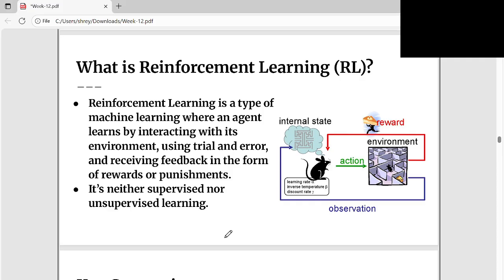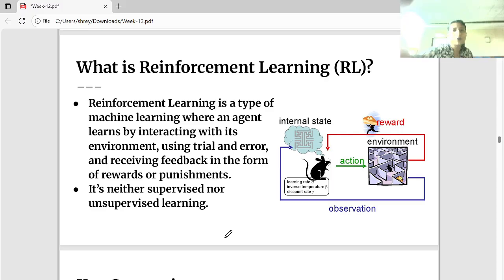Now reinforcement learning. Reinforcement learning is a beautiful concept, because the learning comes from the human side. Reinforcement learning is a type of machine learning where an agent learns by interacting with its environment using trial and error and receiving feedback in the form of rewards and punishment.